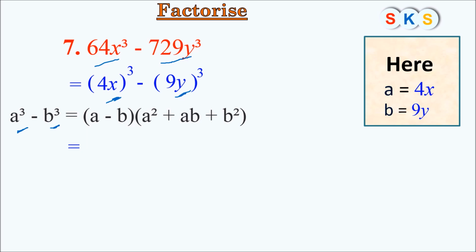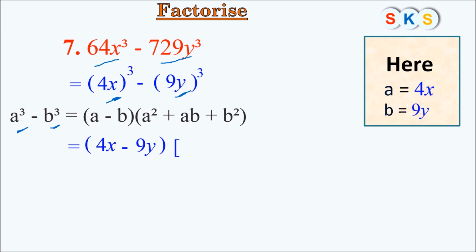So open the round bracket, at the place of a we can write 4x, minus, at the place of b we will write 9y. Close the bracket. Now we will substitute the values of a and b in the second bracket.